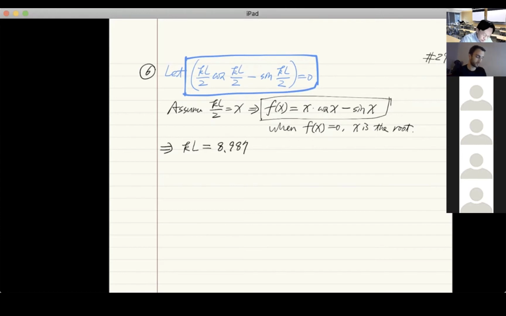When KL is 8.987, then PCR can be found. And this equals 80.766 times EI over L squared.